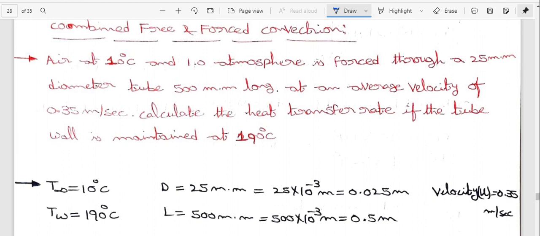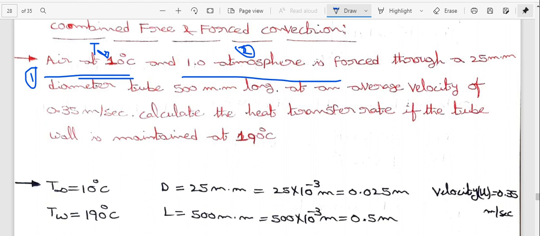So here, air at 10 degrees centigrade, so T infinity is equal to 10 degrees centigrade, and 1 atmospheric pressure. This is the first condition, and air at 1 atmospheric pressure is the second condition. It is forced through a tube, so this is forced convection.